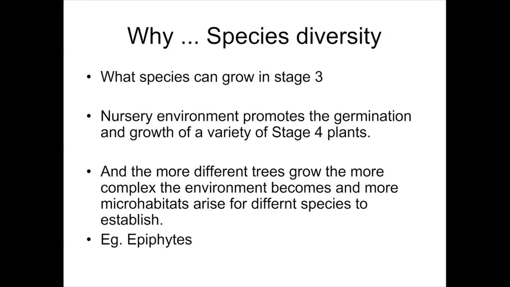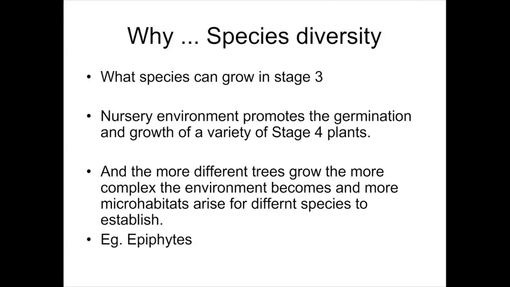The second point, why is species diversity higher in Stage 4 than in Stage 3? Okay, so let's think about what plants can grow in Stage 3. We've got our Kanuka, we've got our Manuka, we've got our grasses and mosses and a couple of shrubs, okay?